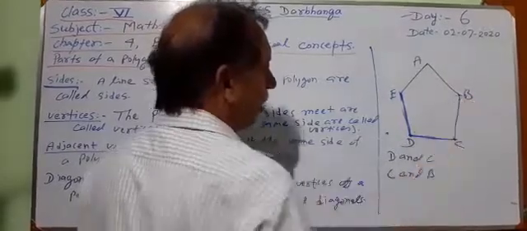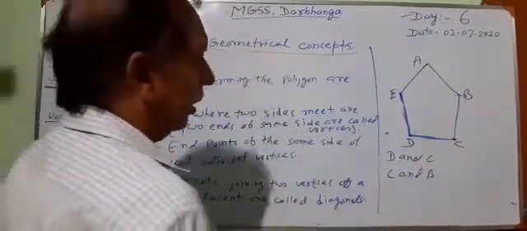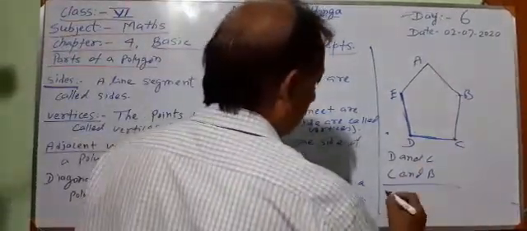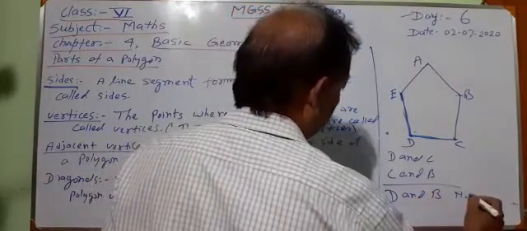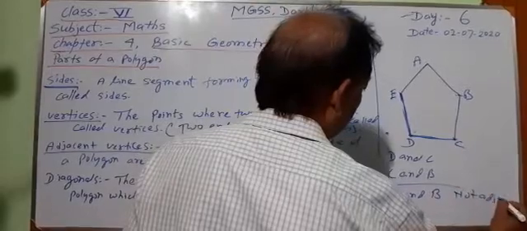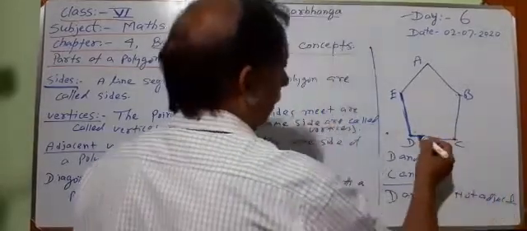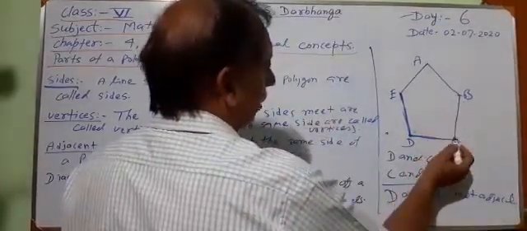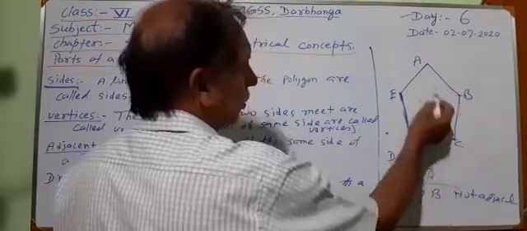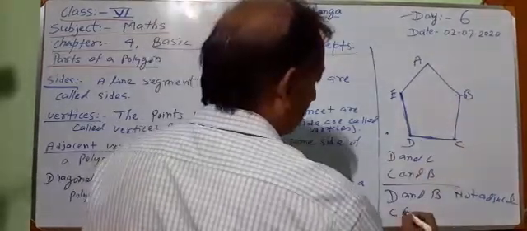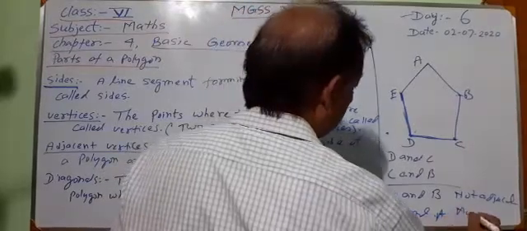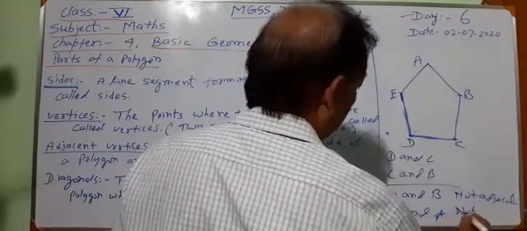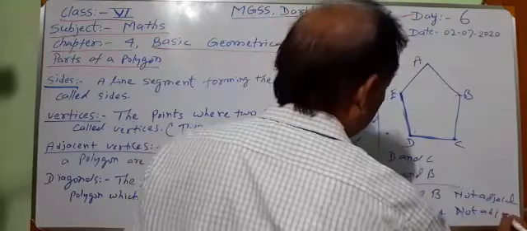D and B are not adjacent vertices. D and B are not adjacent. Again C and B are adjacent. C and A are not adjacent.